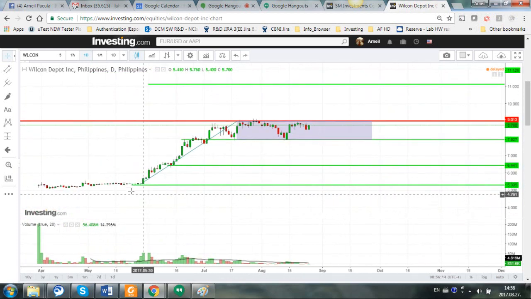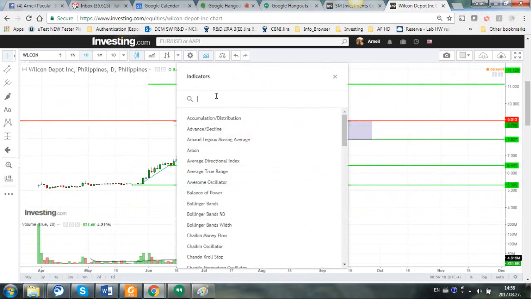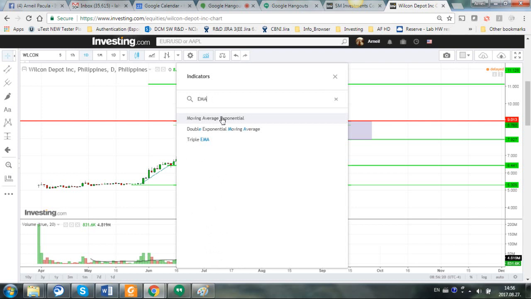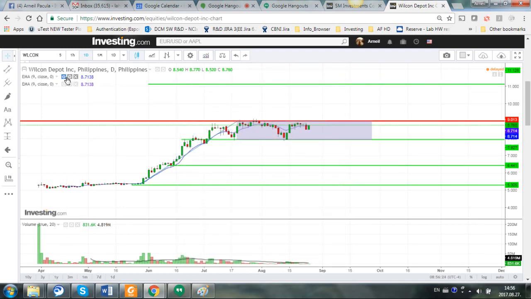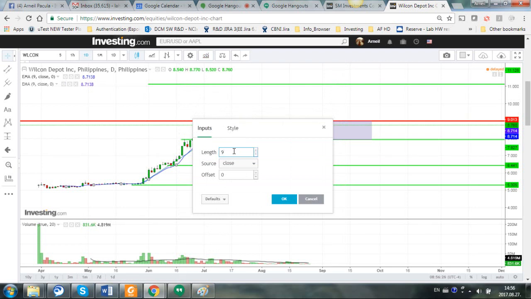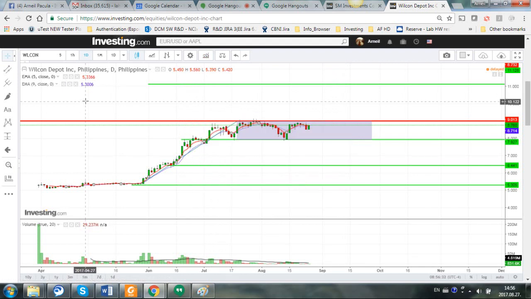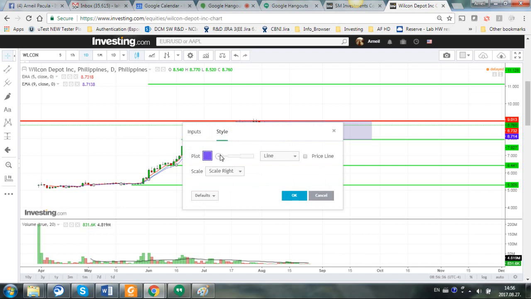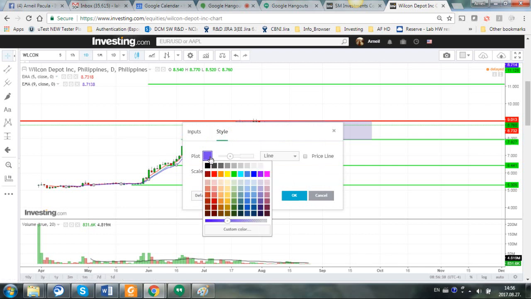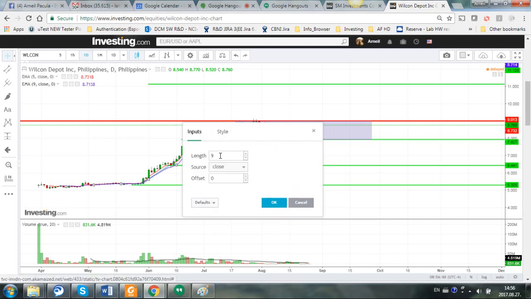Okay, so ngayon, gamitan natin ng moving average. So gumagamit ako ng exponential moving average na first is a 5, colored red. The second is 15. Pero itong second na it is modifiable.